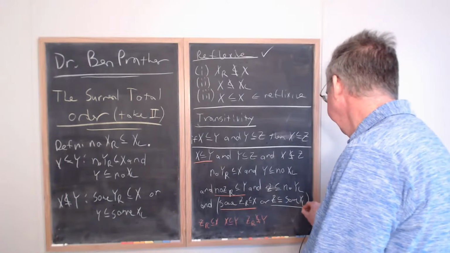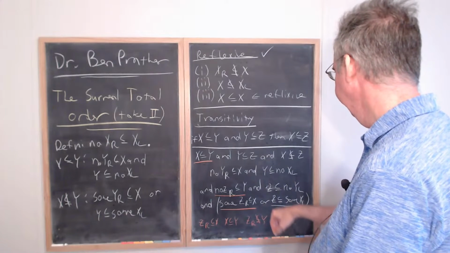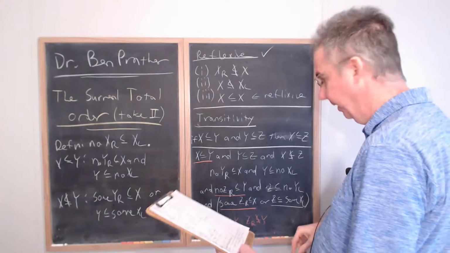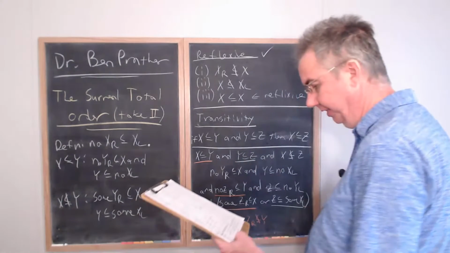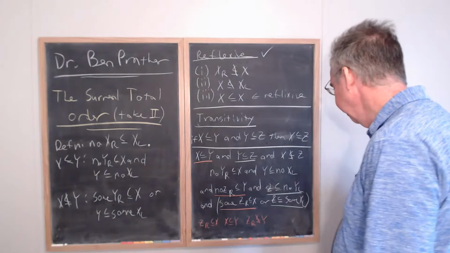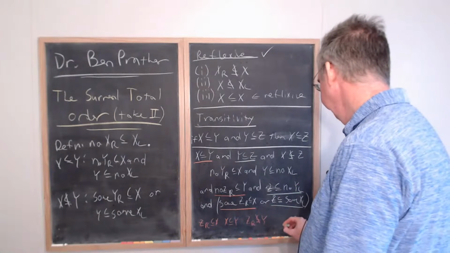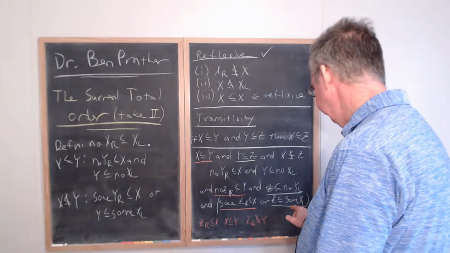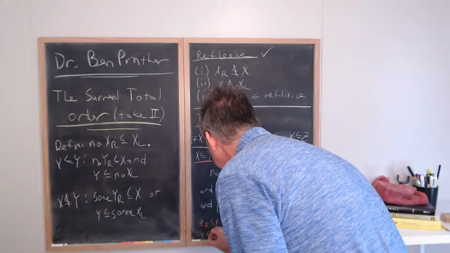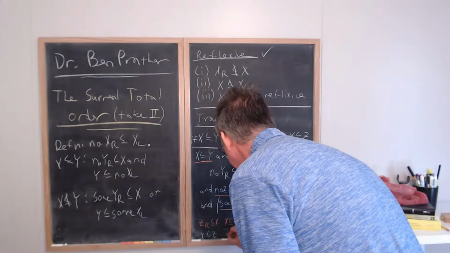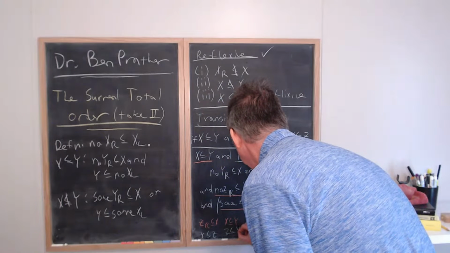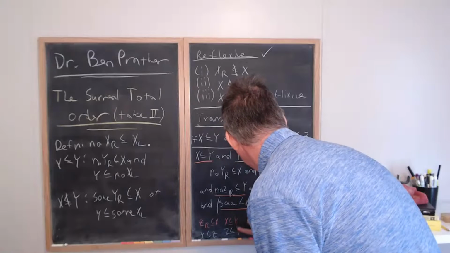Similarly, for this green case, we have z is less than some x sub l. We have y is less than z, but then we also have that z is less than or equal to no y sub l. So then we have y is less than or equal to z, z is less than or equal to some x sub l.